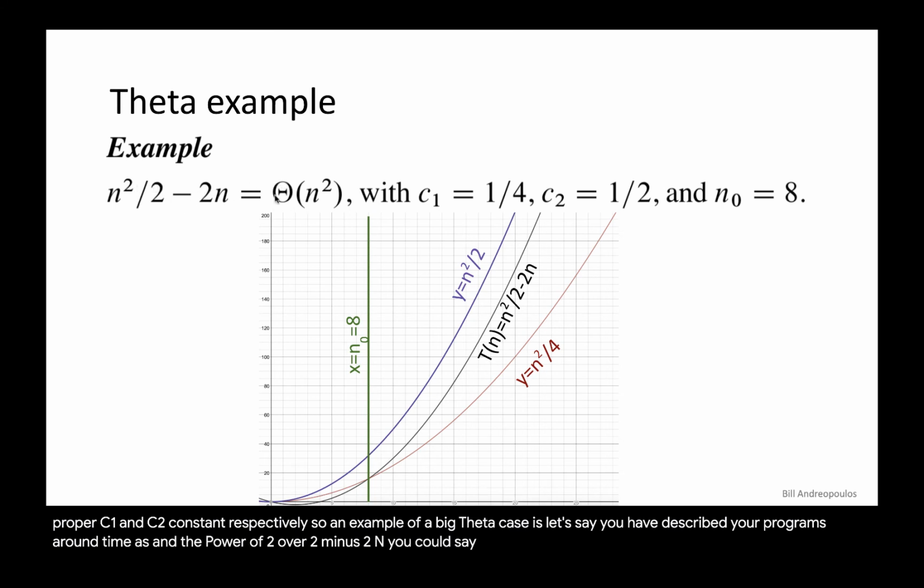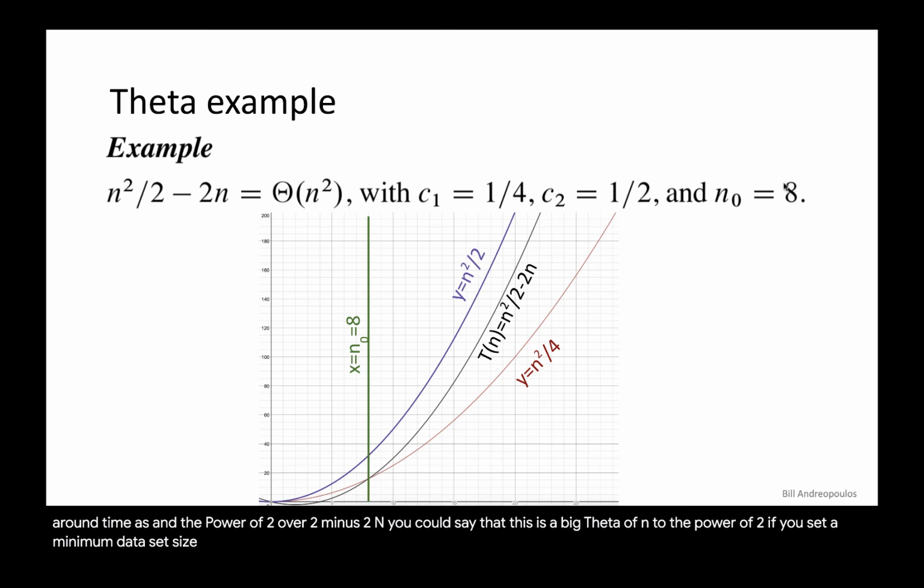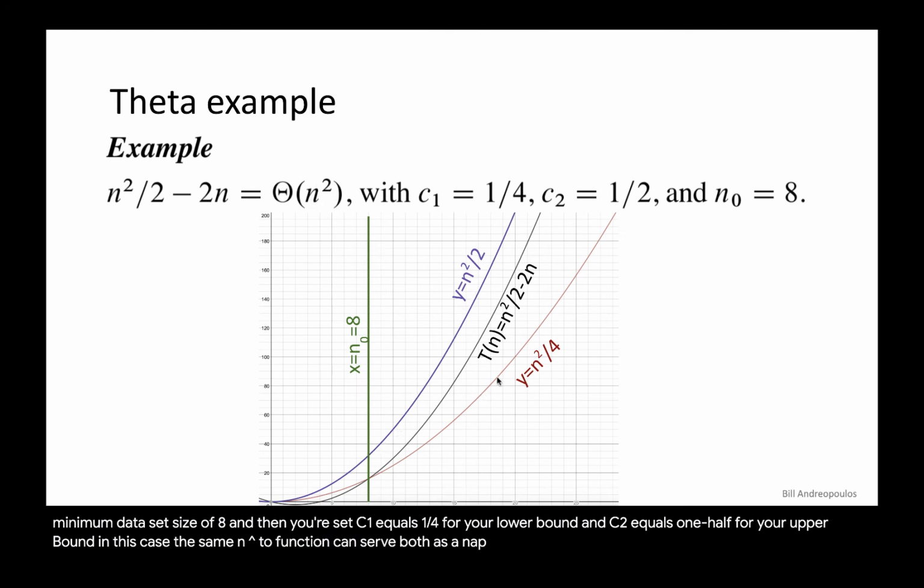You could say that this is big theta of n to the power of 2 if you set minimum data set size of 8, and then you set c1 equals 1/4 for your lower bound and c2 equals 1/2 for your upper bound. In this case, the same n to the power of 2 function can serve both as an upper bound and as a lower bound for your runtime function.